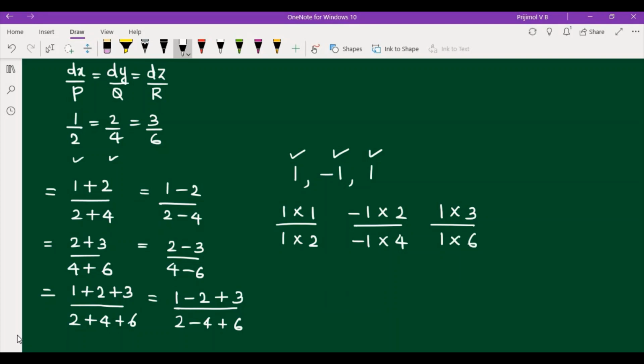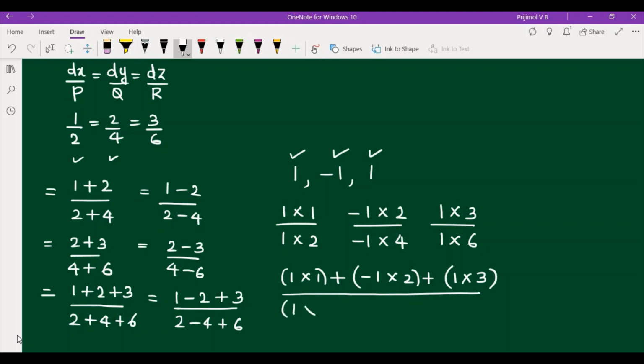Now what I am going to do is add all the numerators and denominators. So after adding, 1 into 1 plus minus 1 into 2 plus 1 into 3 divided by, I have added only the numerators and now I add the denominators, 1 into 2 plus minus 1 into 4 plus 1 into 6, which is nothing but 1 minus 2 plus 3, which is 2, divided by 2 minus 4 plus 6, which is 4. So 2 by 4, which is again 1 by 2.